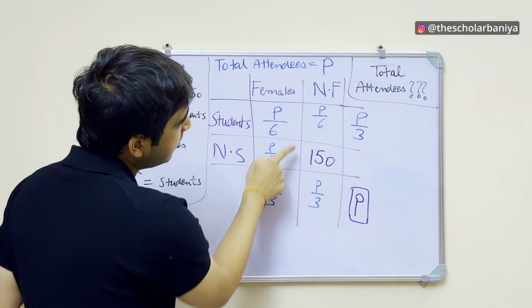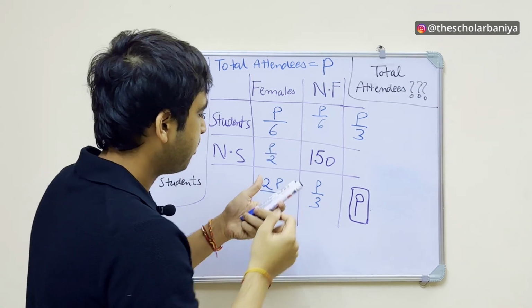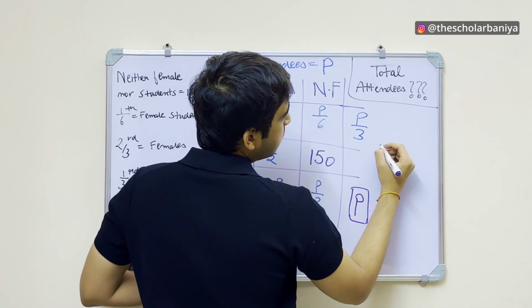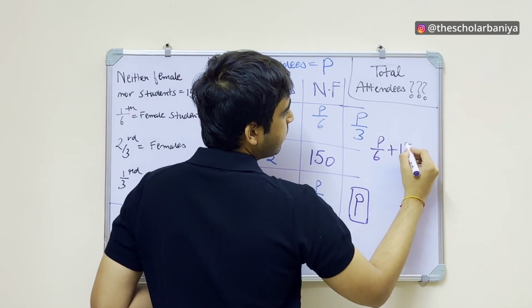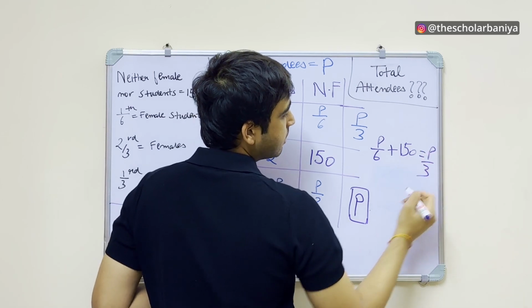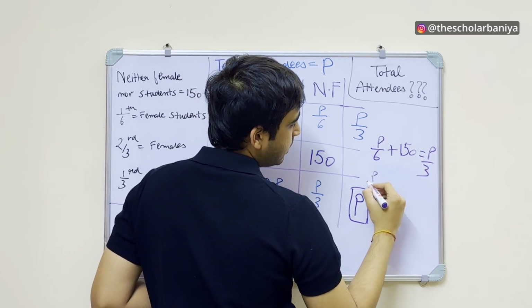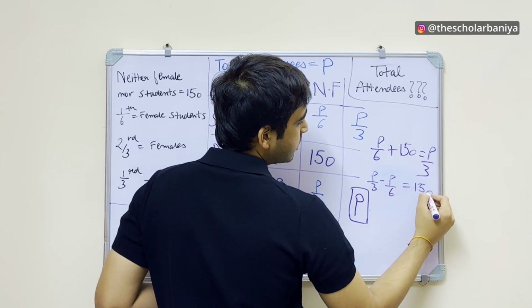Now, we can solve these and get the answer for P. So P upon 6 plus 150 is equal to P by 3. So P upon 3 minus P by 6 is equal to 150. So how much will this be?